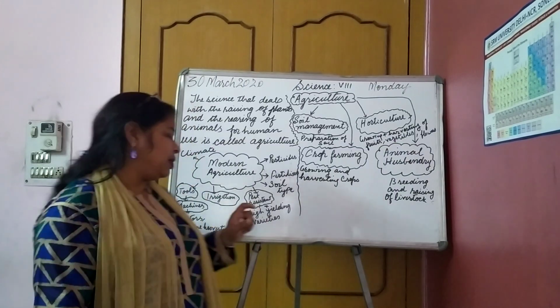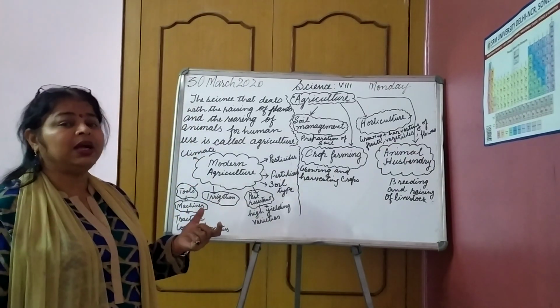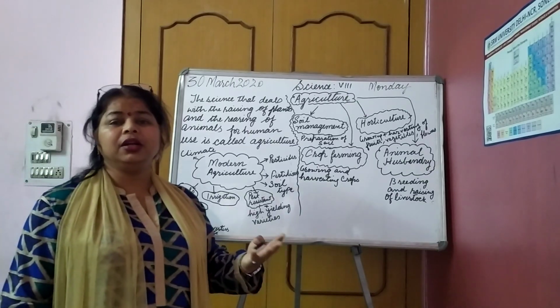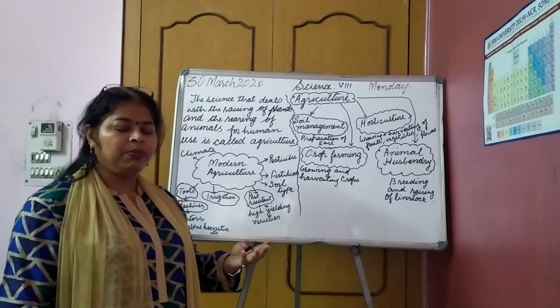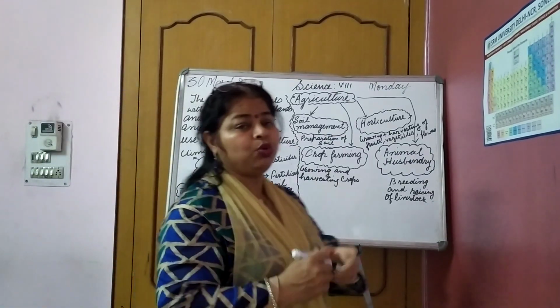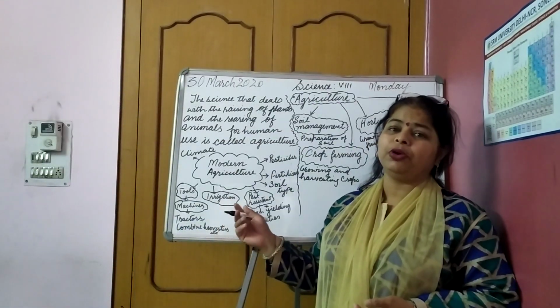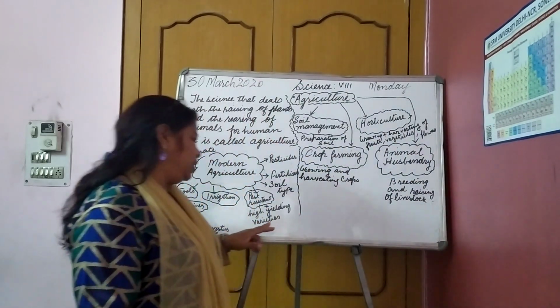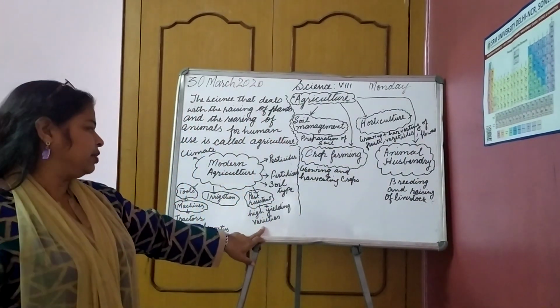Besides that, some varieties have been made which are high yielding. Means they are not like the ancient ones, where a very small quantity of yield would be produced. They are going to produce high yield. So this is also one of the aspects of modern agriculture.